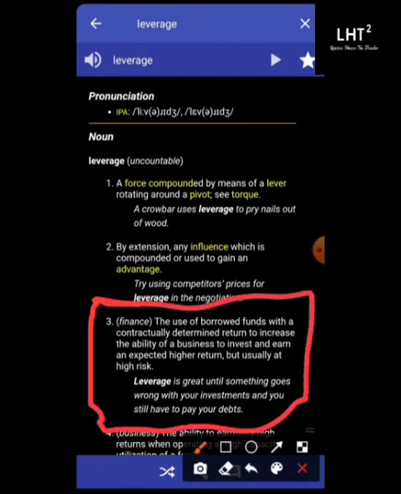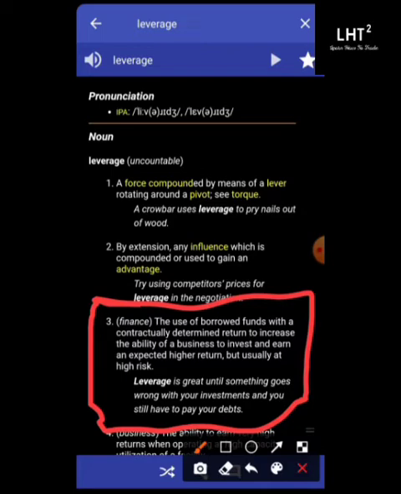It says the use of borrowed funds with a contractually determined return to increase the ability of a business to invest and earn an expected higher return, but usually at a high risk. Now, I'm just going to explain it in layman's words.